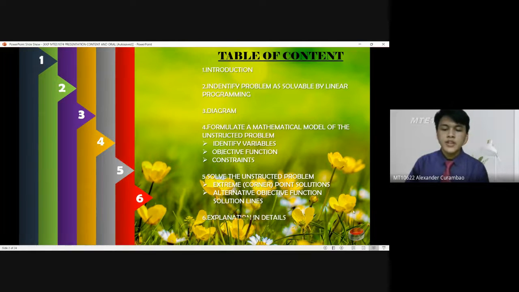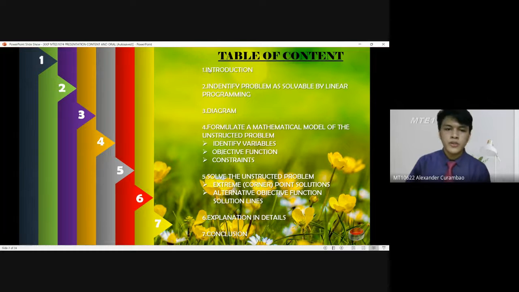Next, explanation in detail. After we get all the solutions, I'm going to explain in more detail the relationship between the solutions and the unstructured problem. After that, lastly, the conclusion, where I am going to conclude all the things that we have learned into one.